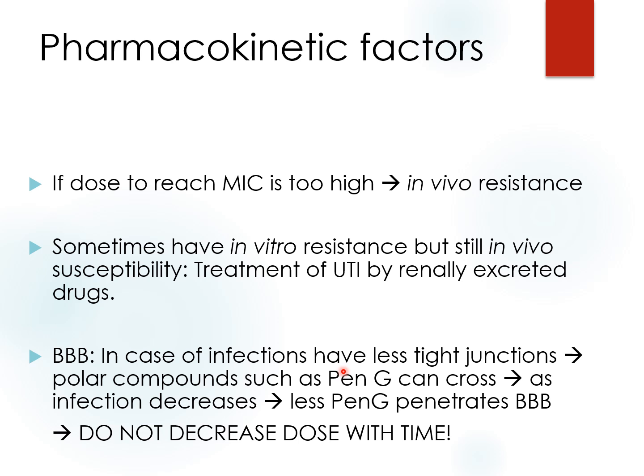No, we don't do that all the time. Sometimes we do. It depends on the infection, it depends on the host, it depends on the drug, it depends on the renal function, etc. But the point that I'm making here is that if we are thinking of decreasing the dose, definitely we don't want to do that in this case because the blood-brain barrier is improving and less penicillin G will be able to cross it.